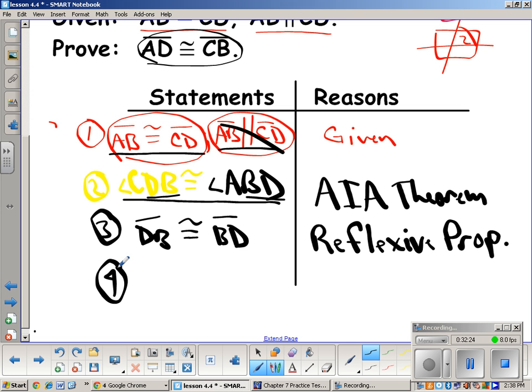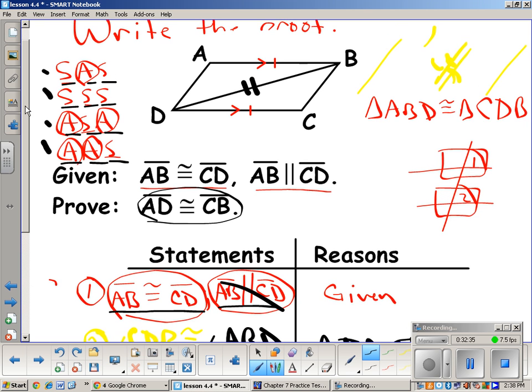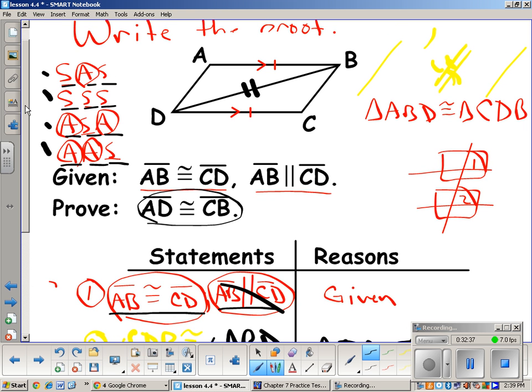Now, as I look at this, how many facts do I have now? Three. Now they are two segments and an angle, right? So we have to check. Two segments and an angle is that one. Yep. So the question is, oops, I erased all my stuff, and I should have left those two marks up there.